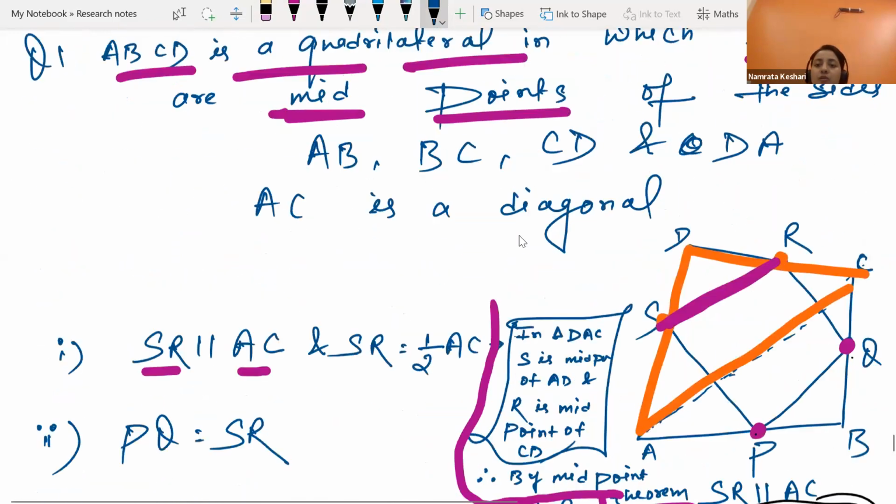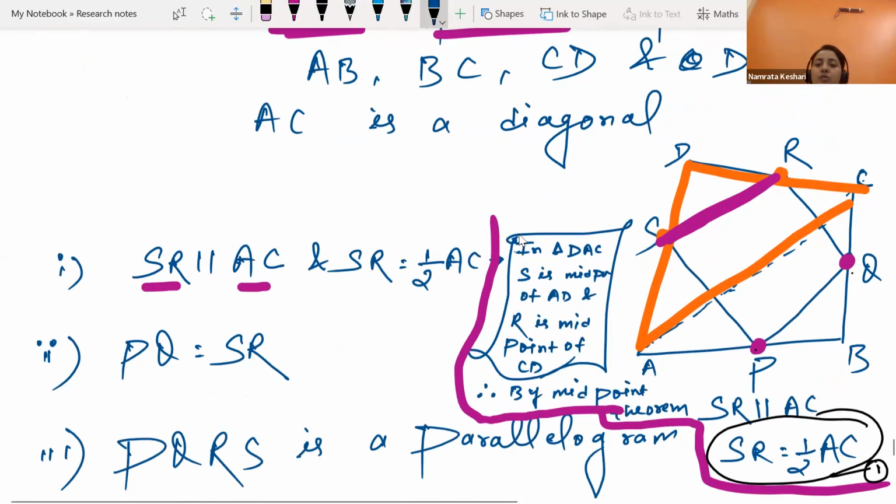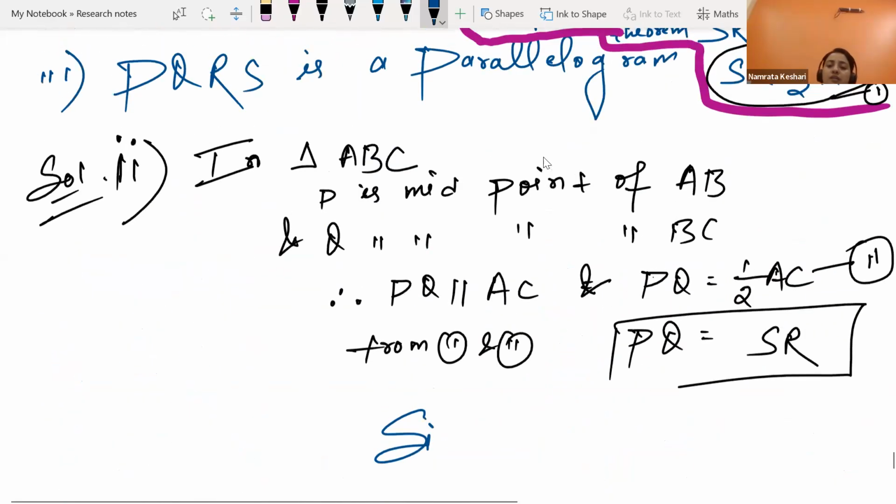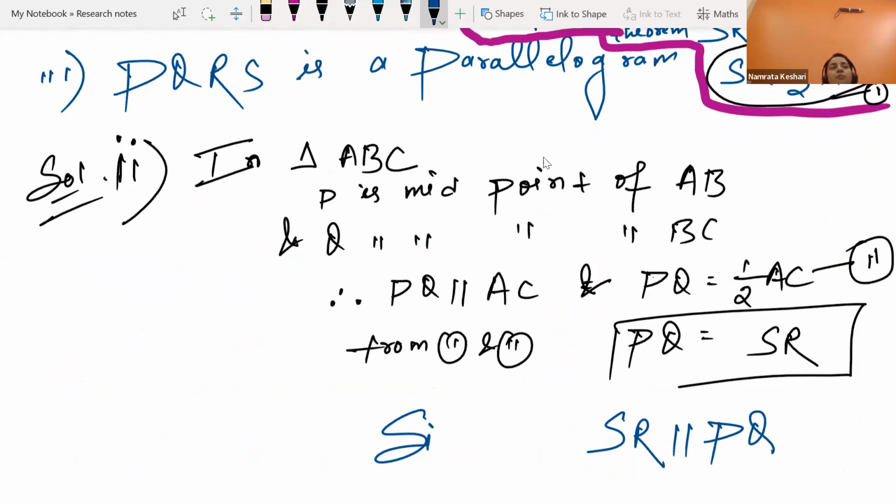We have written SR is parallel to AC, PQ is parallel to AC. So here only we can do the comparison, that SR is parallel to PQ also, because both are parallel to AC, so both are parallel with each other. Yes or no? Yes, ma'am. Am I making sense to all of you?